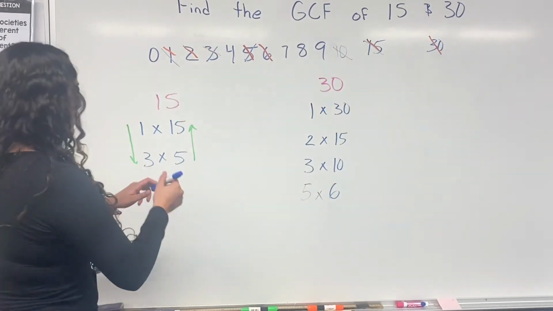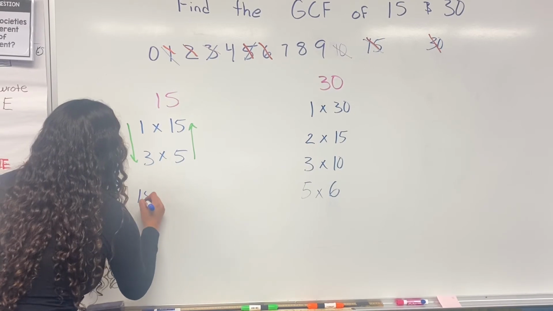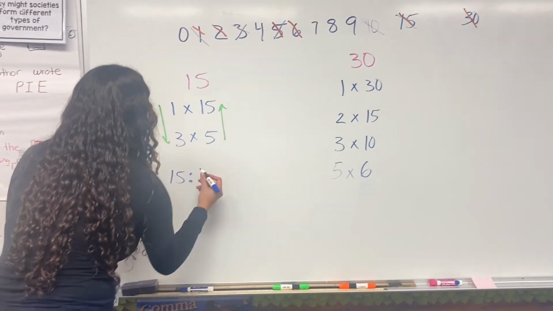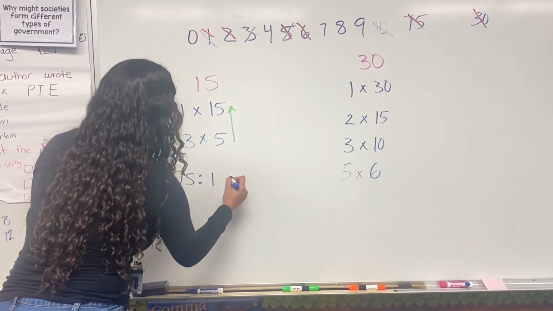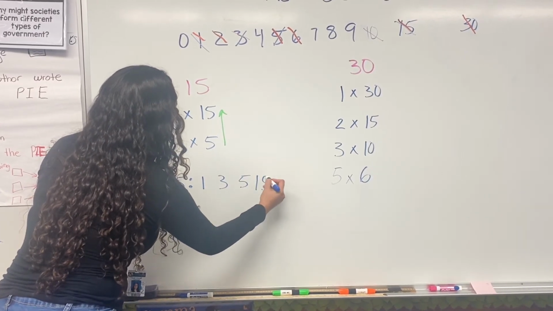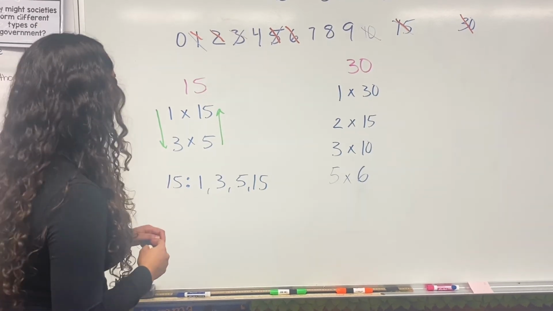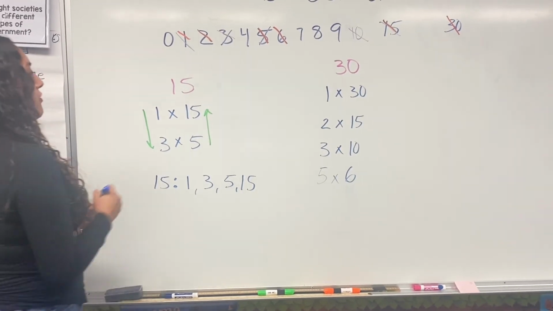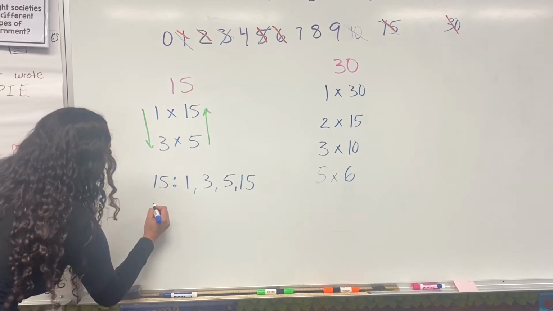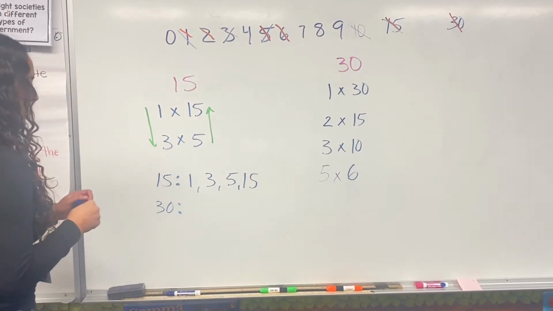All right, so I'm going to list for 15. We have 1, 3, 5, 15. I don't like how clumped my numbers look, but okay. I think they look great. All right, 30. We're going to follow the same arrows that Mrs. Estrada used.